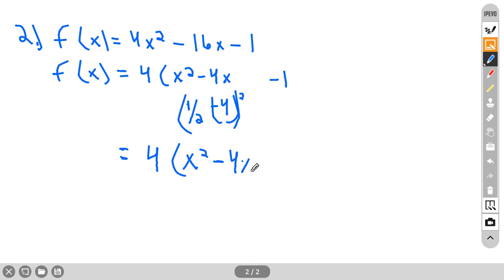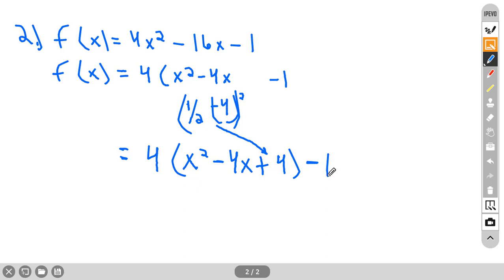So I get 4 times x squared minus 4x. Now this number goes right there, plus 4, and then minus 1.